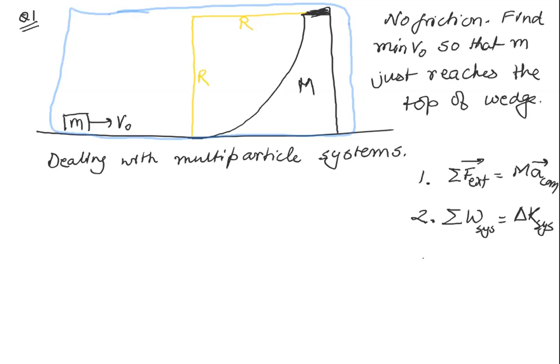And the third tool that we have learned is that if summation of F external is equal to 0, then this means that the linear momentum of the system is constant.